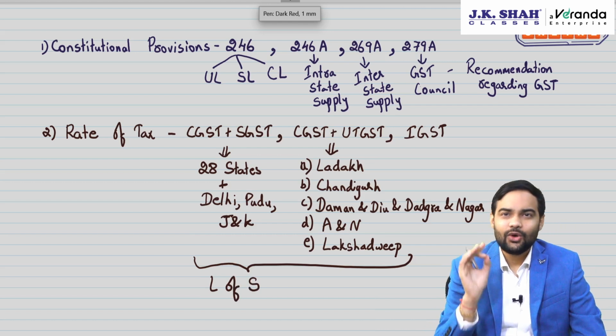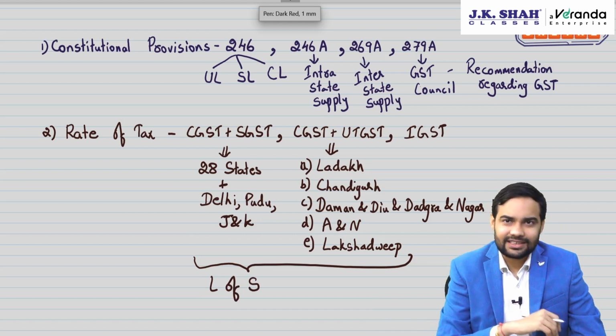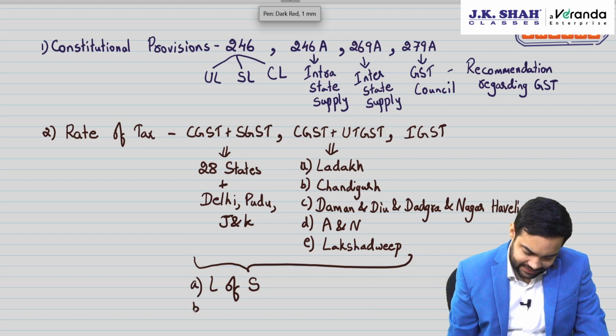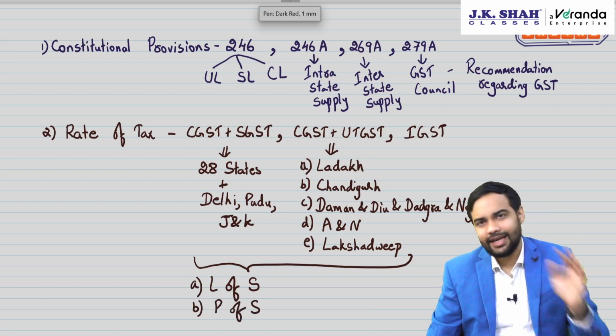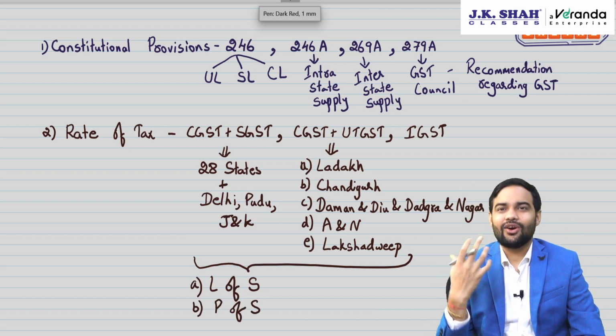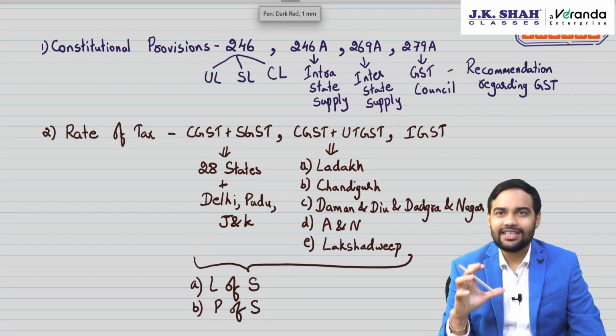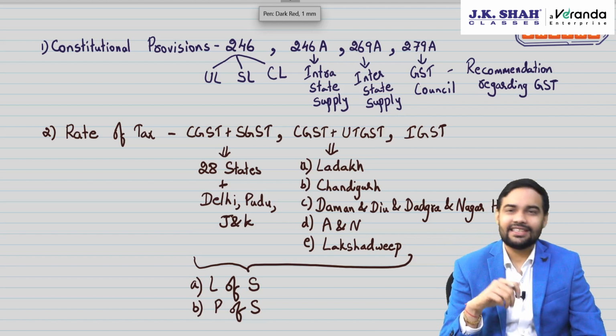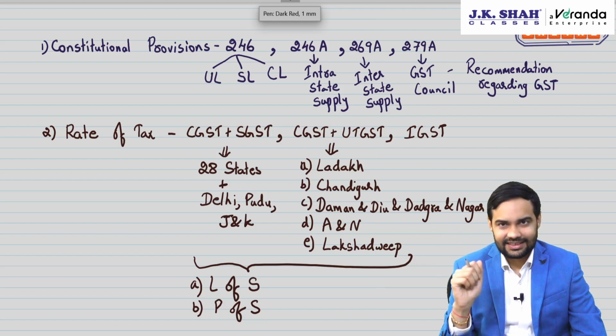First, location of the supplier needs to be checked. And second check is place of supply. Now where do we get to learn place of supply? It's a separate discussion. If place of supply and location of supplier are in the same state or union territory, then you will end up charging CGST plus SGST.